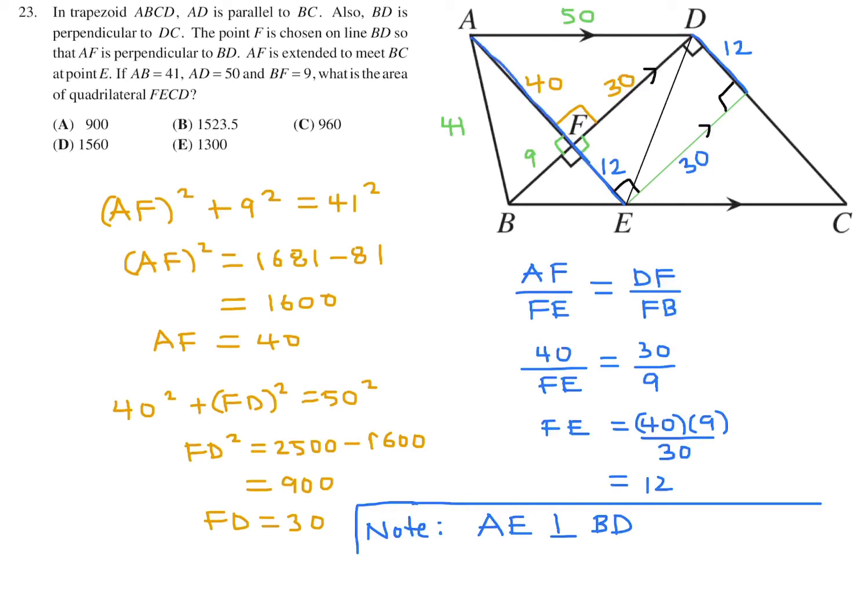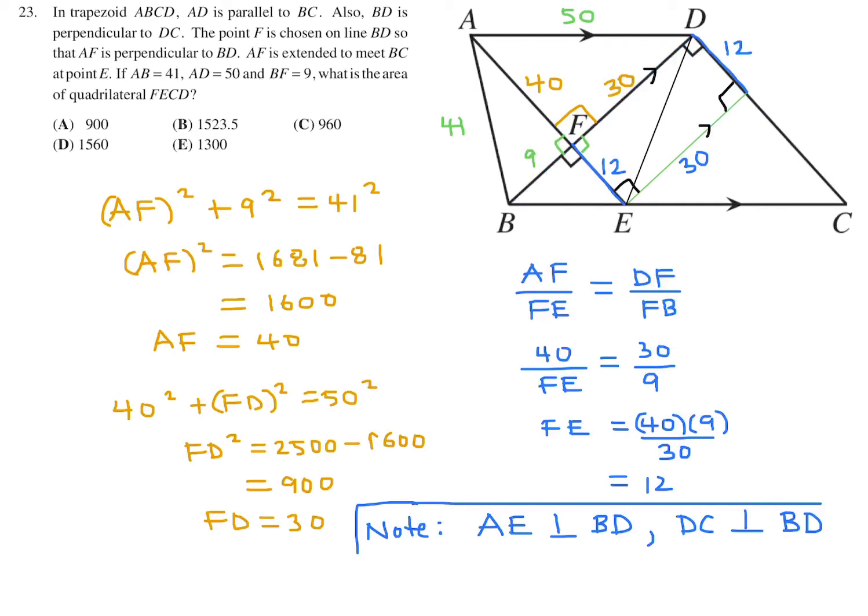This is AE right here, and it's perpendicular to BD right there. And there's a whole bunch of right angles there, so you should be convinced of that. And also, DC is perpendicular to BD. DC is this guy right here. It's also perpendicular to BD. And that right angle pretty much proves that.